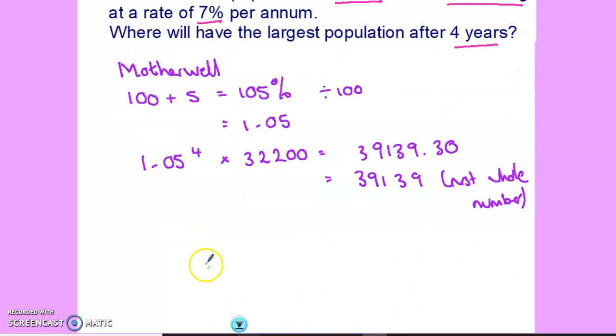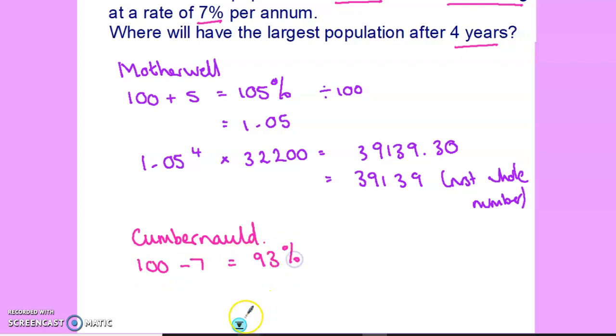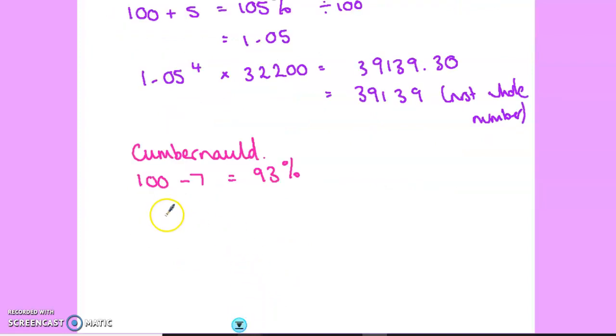Okay, let's look at Cumbernauld. Cumbernauld is decreasing by 7% per annum. So we're taking it away from 100. 100 take away 7 is 93, which as a decimal is 0.93. And again, we are just dividing that by 100 to get from a percentage to a decimal. It's still for 4 years, so it's still going to be to the power of 4.